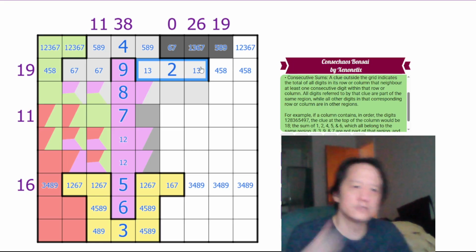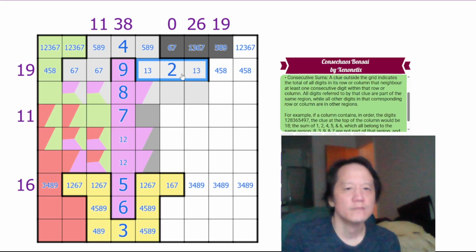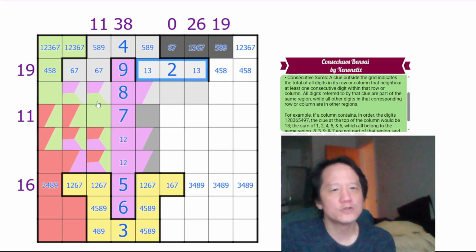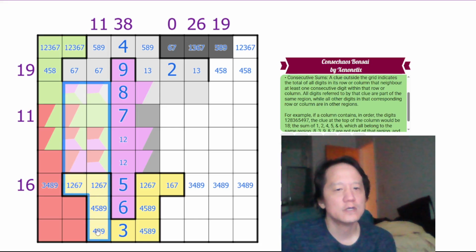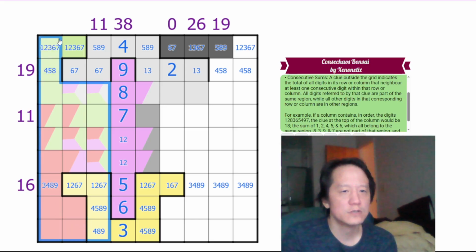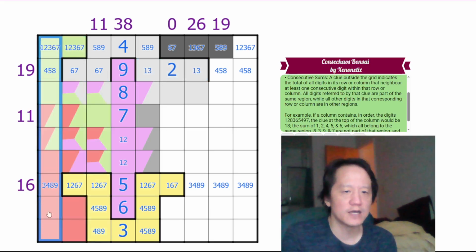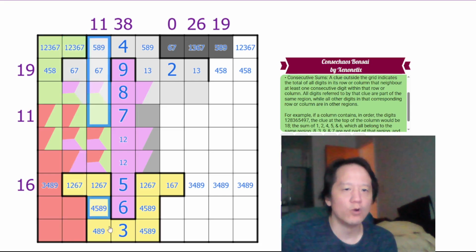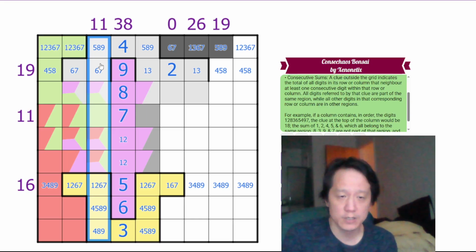Oh, that's interesting. So the remaining digits in these regions, we have 1, 2, and 3 here. We must have 3 1s, 2s, and 3s in column 1, 2, and 3.